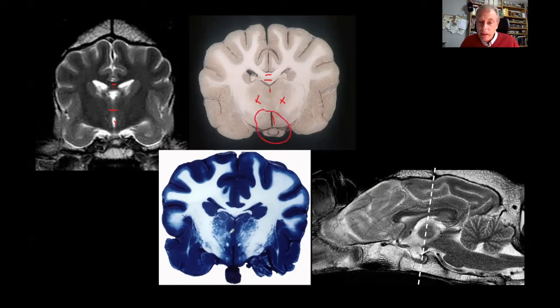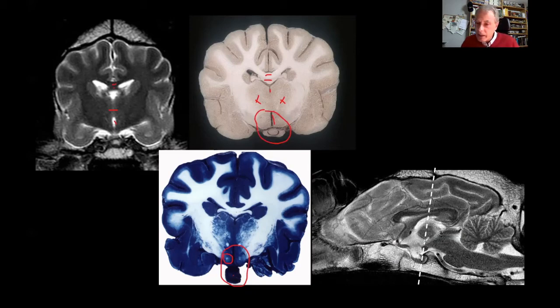So in this Mulligan, we have the hypothalamus here, and in here we have a cut of the hypophysis. So hypothalamic nuclei, and in particular here we have the mammillary bodies, and these white areas correspond to the columns of the fornix. This is the mammillothalamic tract. This section corresponds to this one.